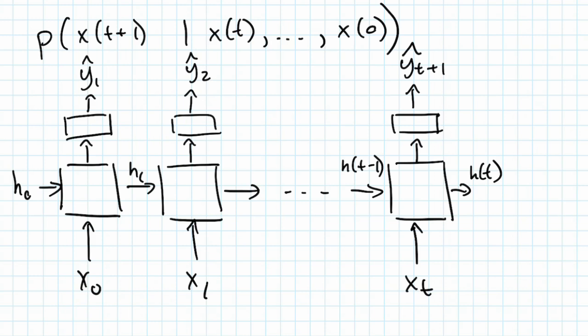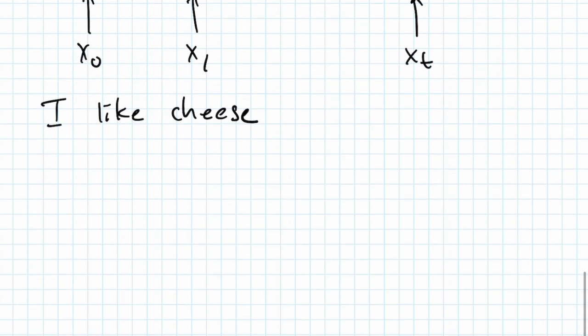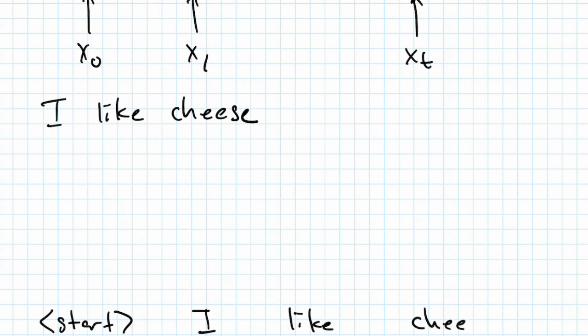Okay? So as an example, let's say we have a simple sentence, such as, I like cheese. Okay, and so what we're going to do is, for the input sentence, we're going to add a token to the front. So we'll call it a start token. And then we'll go to I like cheese. And these will be the inputs into the model.